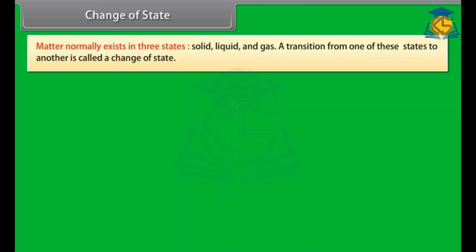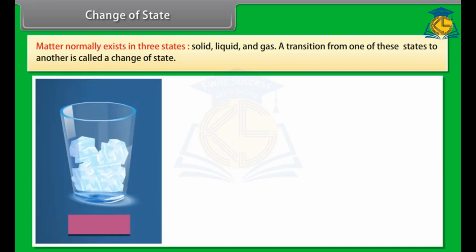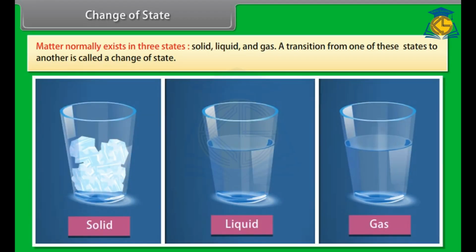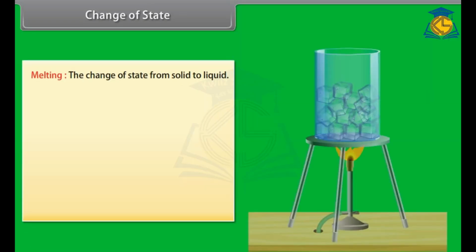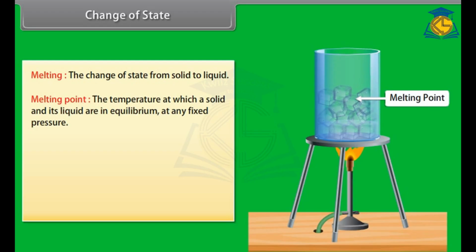Change of state. Matter normally exists in three states: solid, liquid, and gas. A transition from one of these states to another is called a change of state. Melting. The change of state from solid to liquid. Melting point. The temperature at which a solid and its liquid are in equilibrium at any fixed pressure.